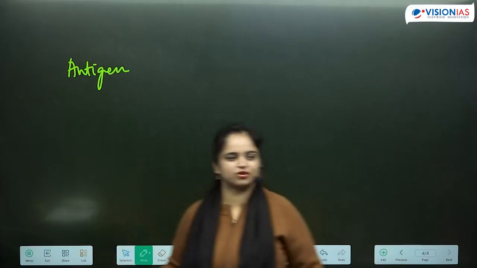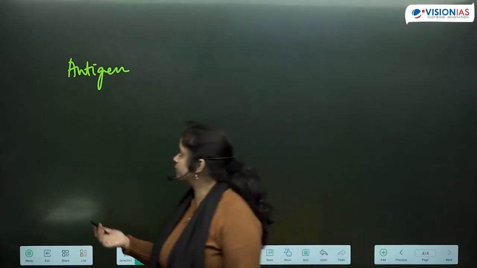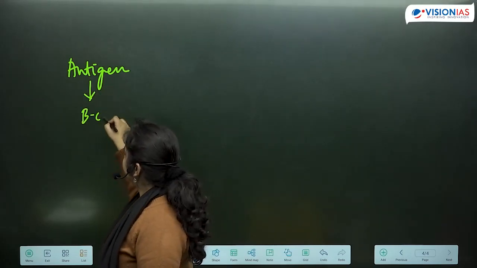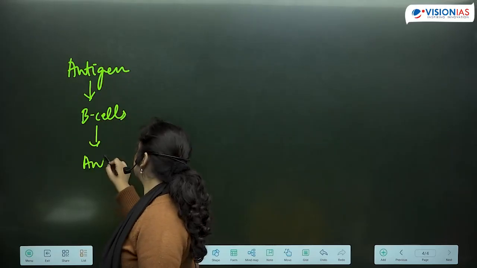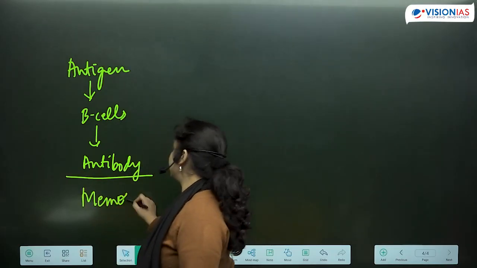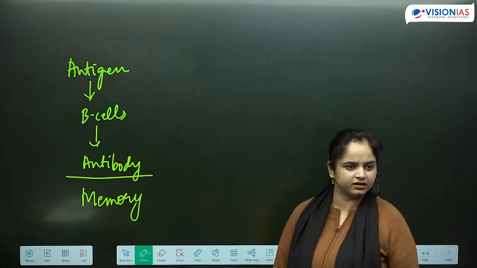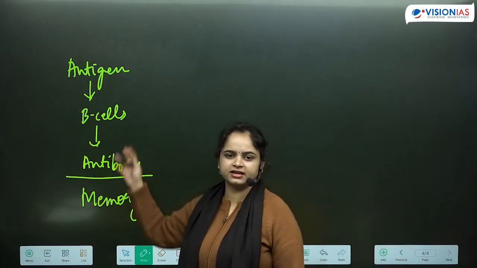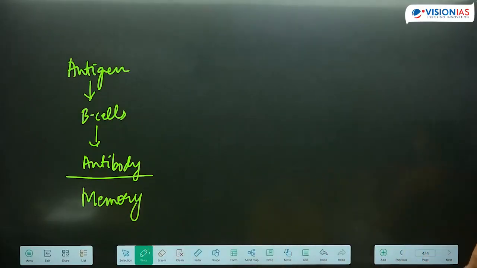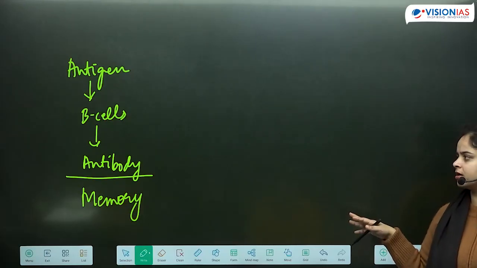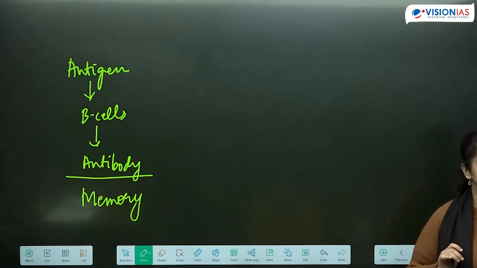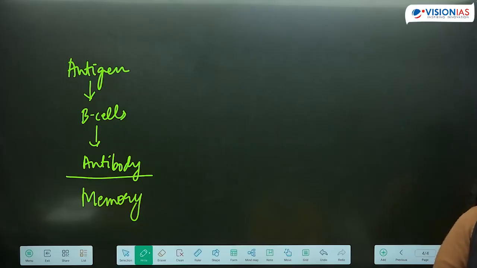We discussed the concept of antigen and antibody yesterday also. When an antigen comes, B cells recognize it and produce antibody against it. At the same time, immunological memory is created for that particular antigen. B cells remember the antigen, and if it comes again at any point, B cells are going to produce such a large number of antibodies that the antigen will be immediately destroyed and will not cause the disease.